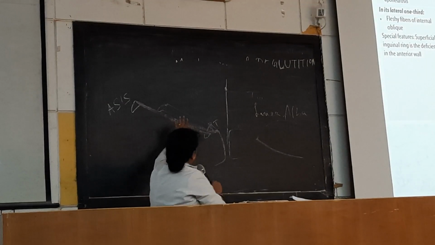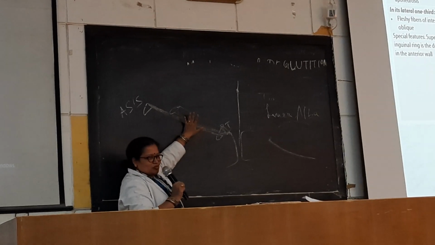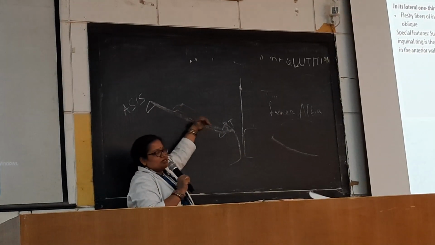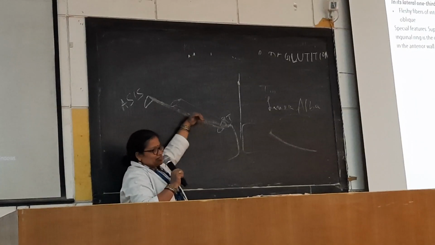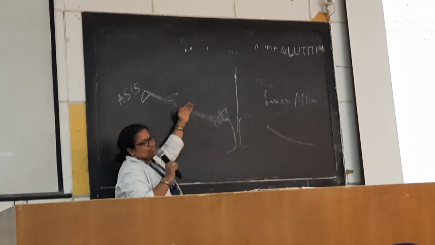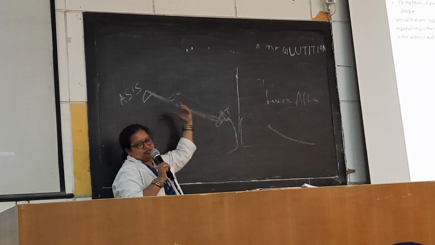So, anteriorly, skin, superficial fascia, external oblique aponeurosis. Roof is formed by the arch fibers of the internal oblique and transversus abdominis. Posteriorly, fascia transversalis, extraperitoneal connective tissue and parietal peritoneum.